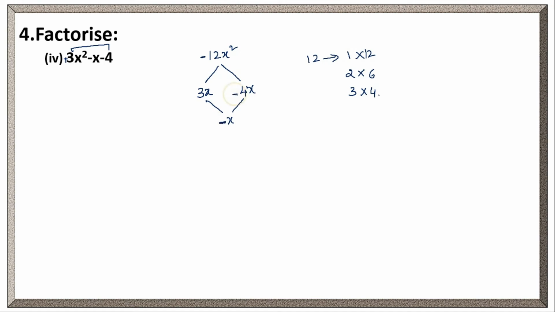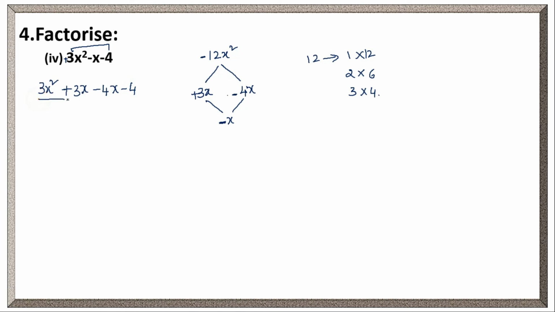So for the bigger number we have to take minus. The remaining plus. Plus into minus, minus 3 into 4, 12, x into x, x square. If I add plus 3x minus 4x, we will get minus x. Clear? So first term we have to write as it is. In the place of middle term, we can write these two terms. Plus 3x minus 4x minus 4. Clear?